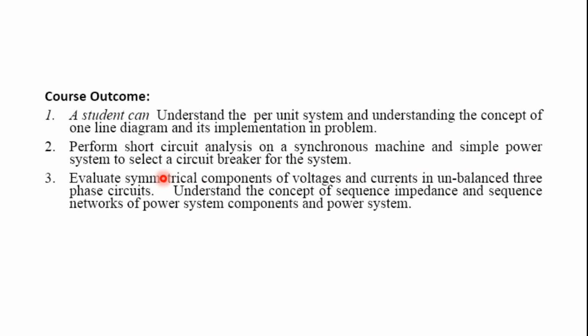Then in module 3 we are going to understand asymmetrical components of the voltage and the currents subjected to unbalanced three-phase circuits. We know that the different types of faults which take place in a system are line to ground, generally called single line to ground, line to line, double line to ground, and three-phase faults.